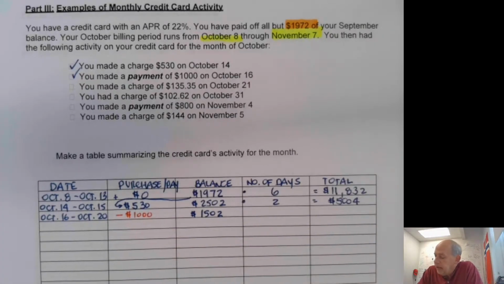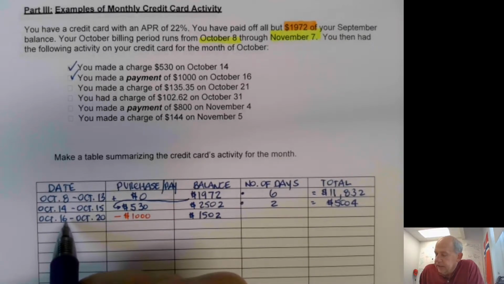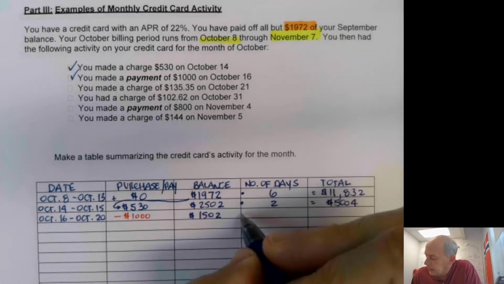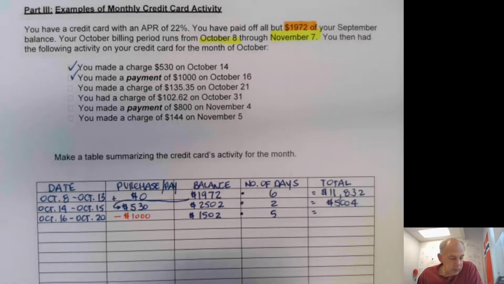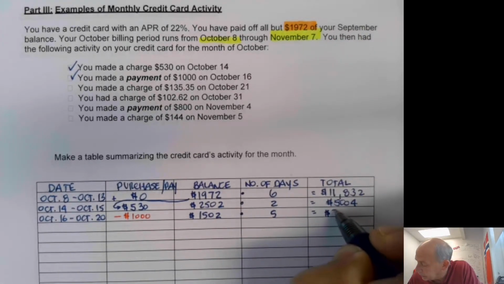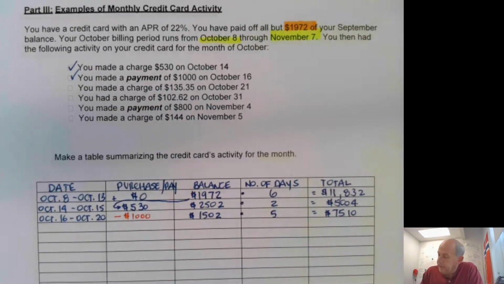Now the number of days we owe that is the 16th, 17th, 18th, 19th, and 20th. 5 days. Multiply those two numbers together, and I'd come up with 7510.